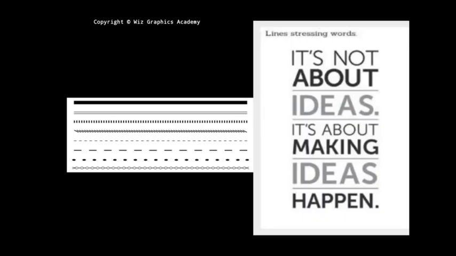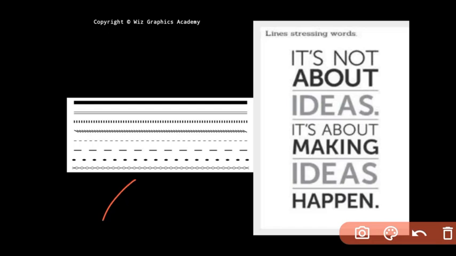Let's see some examples here. If you look closely, these are different lines with different widths and different patterns. The one at the top has a very thick width, and the rest of the lines are much lighter.